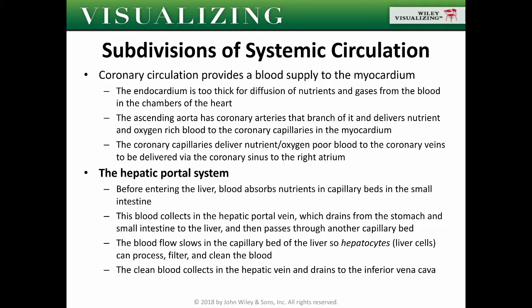So the saying here that if you take in too much medication, you are harming your liver. It's basically because of this fact that the liver filters out the blood from the gastrointestinal tract.